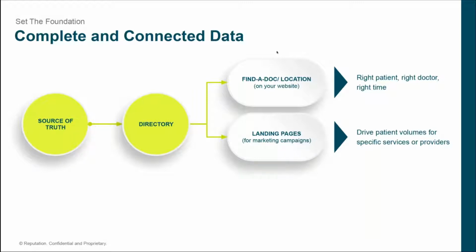Well, the old way used to be that we'd run a campaign and we'd send them to our provider directory, or we'd send them to our website and they'd have to look around and find a doctor that met their needs. What we can do now is we can start to get really granular and drive the volumes to the right groups of providers.